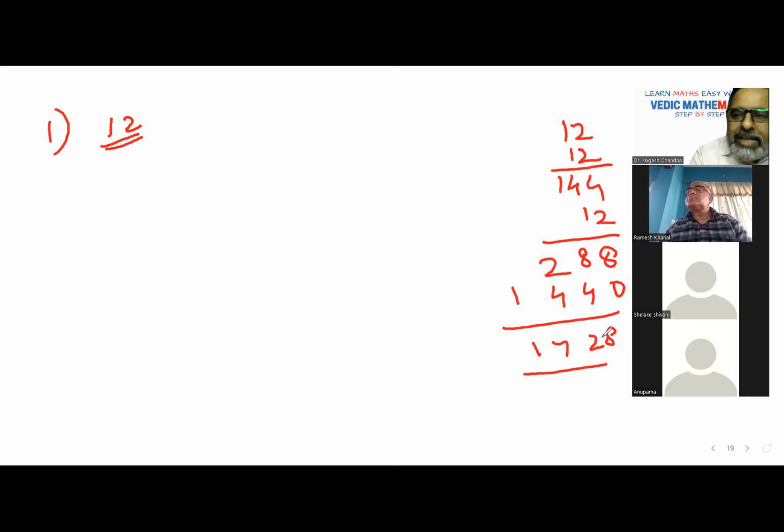Now I'll give you the Vedic maths method. We have 4 steps in this. First step, make 4 spaces available. Is it easy or tough?